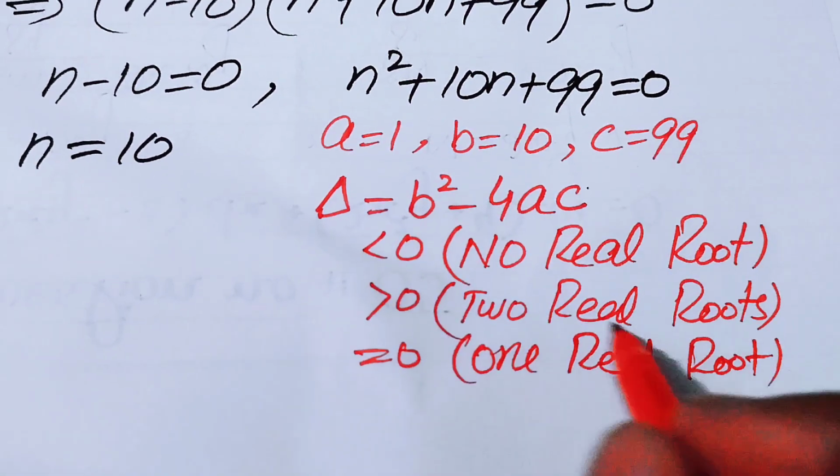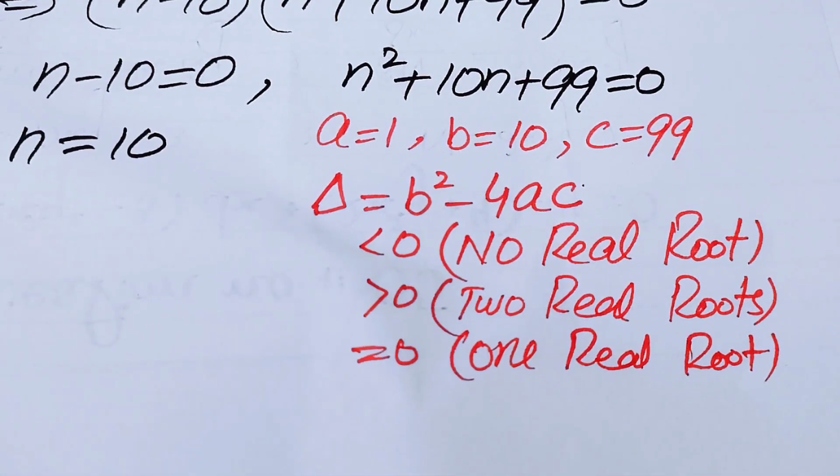So now we check the behavior of this delta by putting the values of a, b and c.